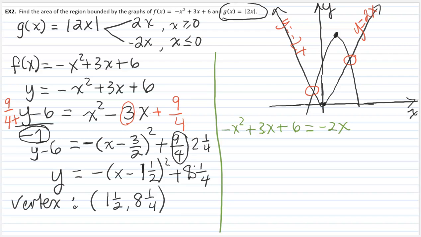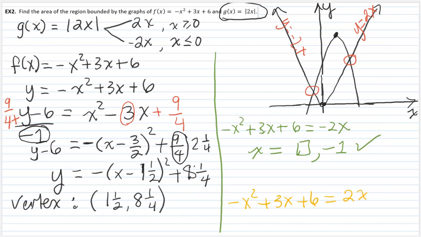Okay, and the one on the right hand side would be from the equation negative x squared plus 3x plus 6 is equal to 2x. Of course when you solve a quadratic equation, you will get two solutions, and one of them doesn't make sense, so you take the other. In this case, when you solve using the quadratic formula, you will have x equal to something that doesn't make sense, and negative 1, which you will take.